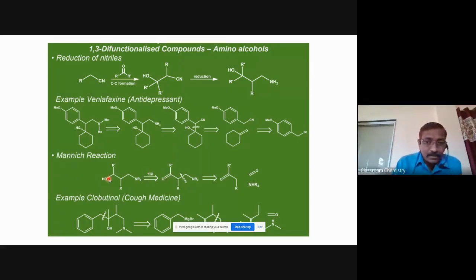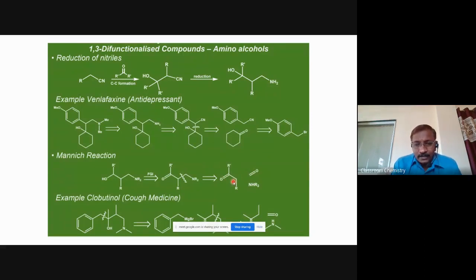Functional group interconversion: this alcohol is obtained from the carbonyl, and this carbonyl now we can disconnect over here. We can get the corresponding RNH2 as well as this. So on either side where we can disconnect, we can get a 3-component reaction. That is also a very important part.